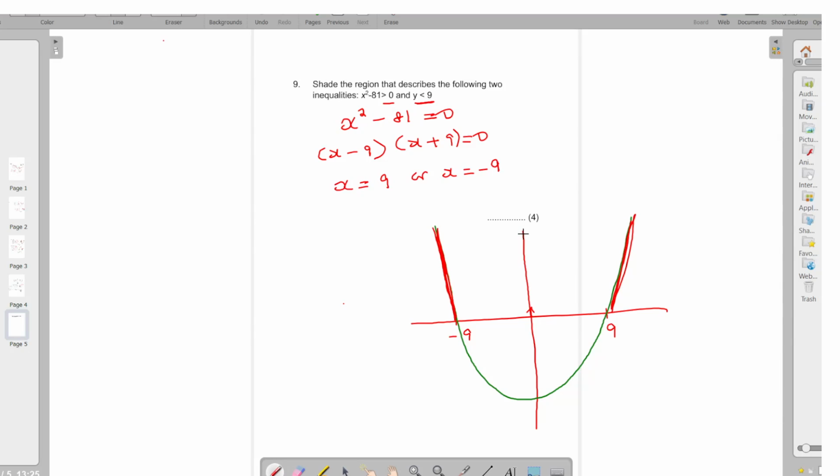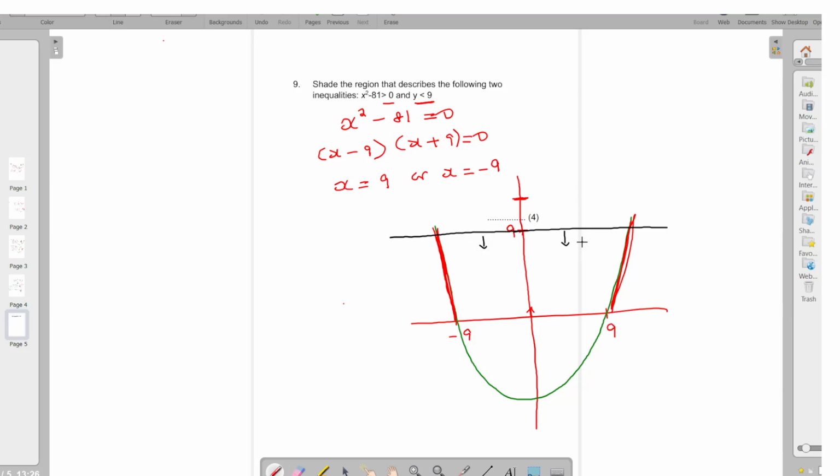So let's mark 9 here. So which part is, this is y is equal to 9. I'm going to draw the y is equal to 9 here. It's a straight line. So which part is y is less than 9 is this part.